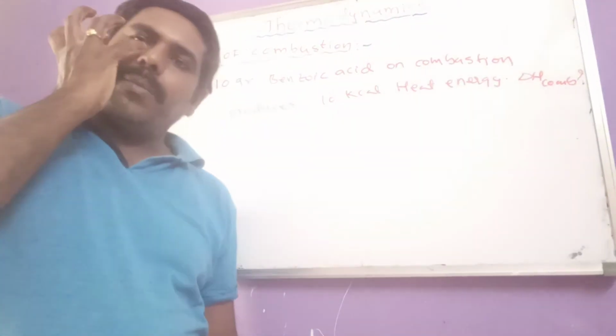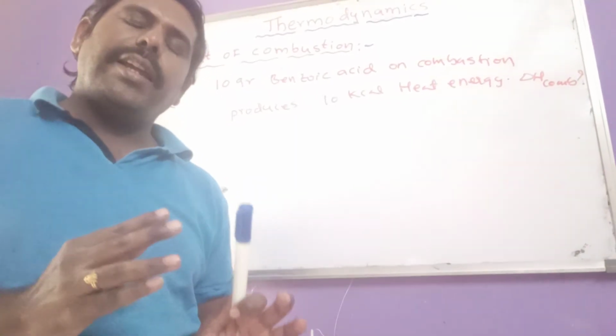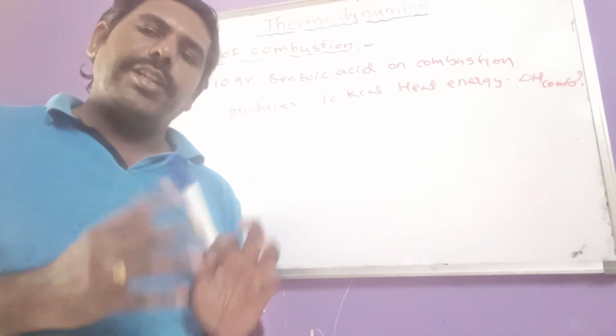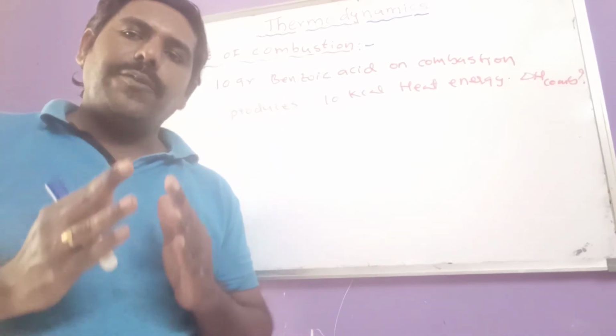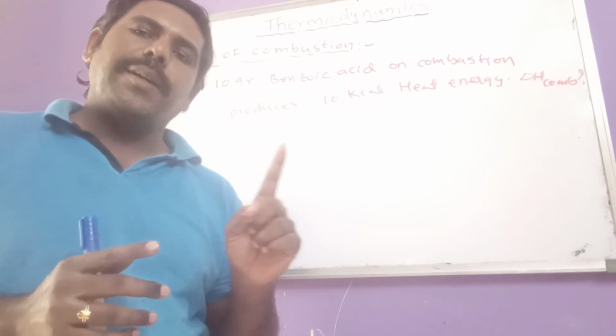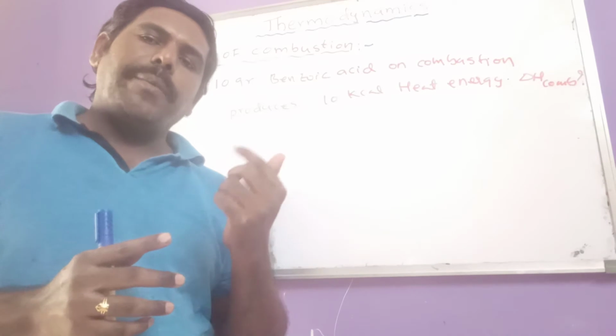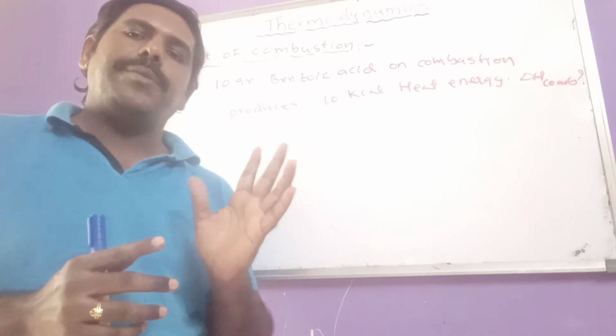So, for heat of combustion we have to calculate for 1 mole. Not only heat of combustion or heat of formation, any heat of reaction is meant for 1 mole of substance only. Heat of formation means for the formation of 1 mole of that substance.